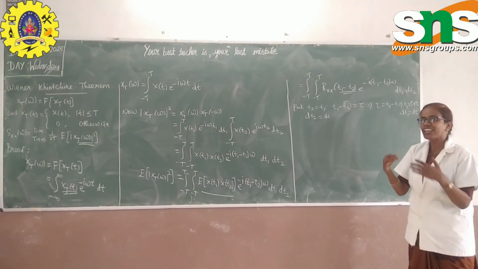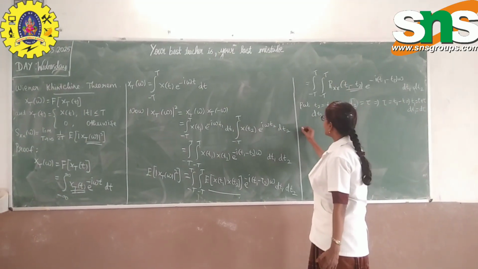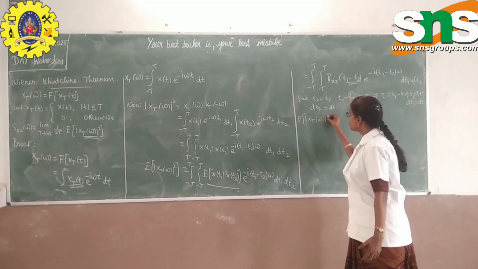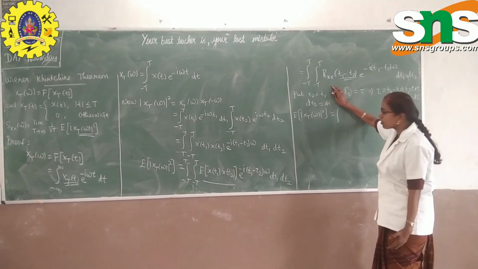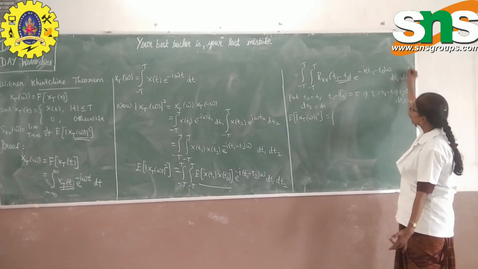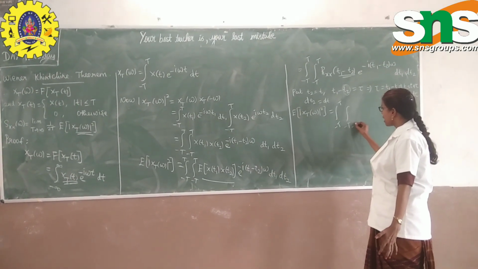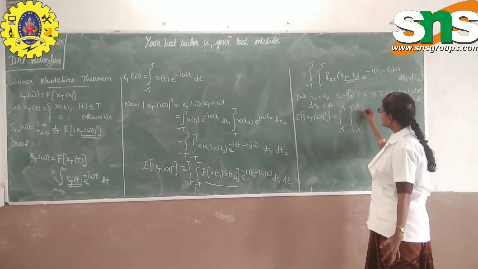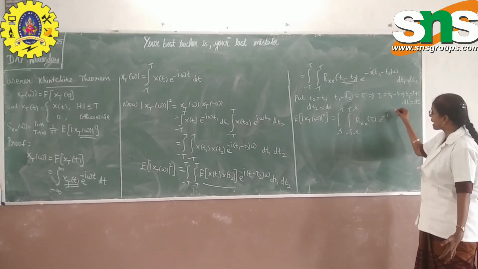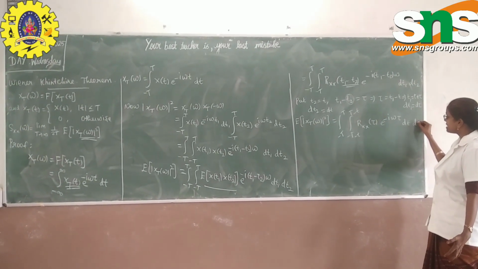Now we have converted t1 and t2 both in terms of t and tau, so we replace them here. The expectation of modulus of X_T of omega, whole squared, equals, with the corresponding limits, the integral of R_xx of tau e power minus j omega tau dt d tau.